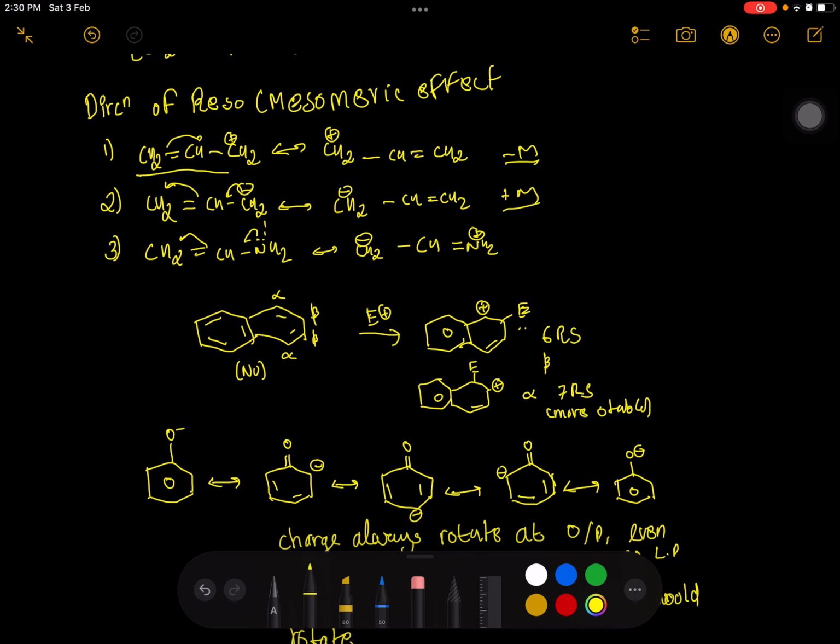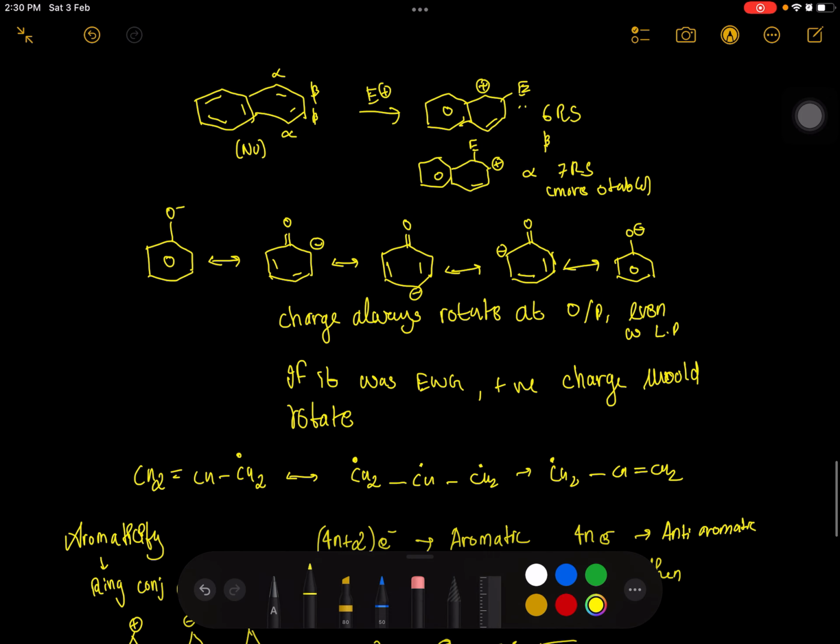Taking is minus M. Let's look at this example here where this is an alpha carbon, right? This is an alpha, this is a beta carbon, this is beta, this is alpha. And this is a nucleophile, meaning it's an electron rich species. And this is an electrophile, which is electron deficient species.